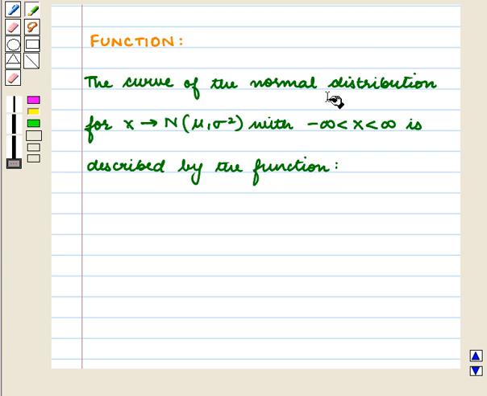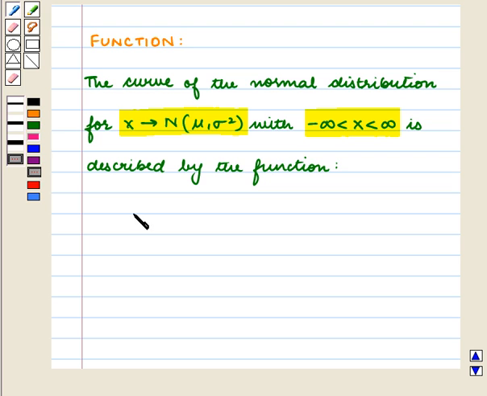The curve of normal distribution for random variable x with parameters mu and sigma square, with x lying between minus infinity and infinity, is described by the function f(x) is equal to 1 upon sigma root 2 pi into e raised to power minus of (x minus mu) whole square upon 2 sigma square for all real values of x.